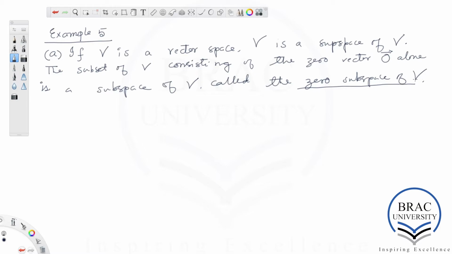So this gives us two trivial subspaces of a given vector space.